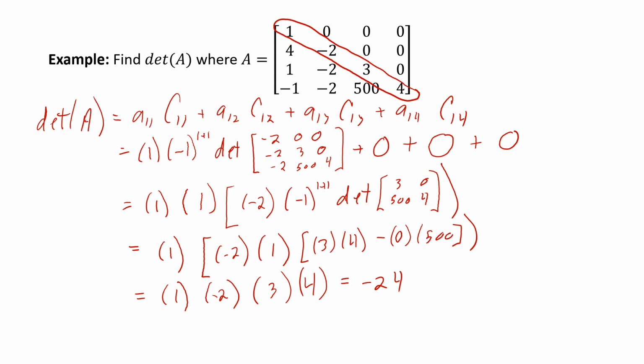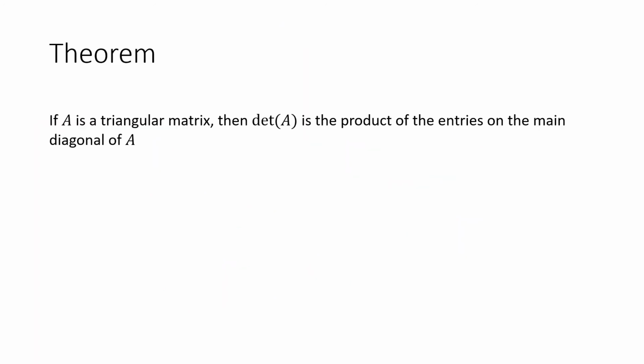So you can make up any triangular matrix, figure it out the long way, and you'll see that the determinant of any triangular matrix is simply equal to the product of the numbers along its diagonal. And this is our next theorem. If we have a triangular matrix, the determinant is the product of the entries on the main diagonal.